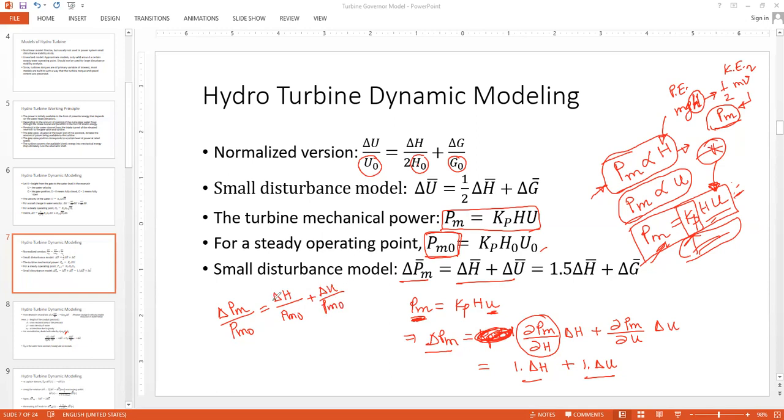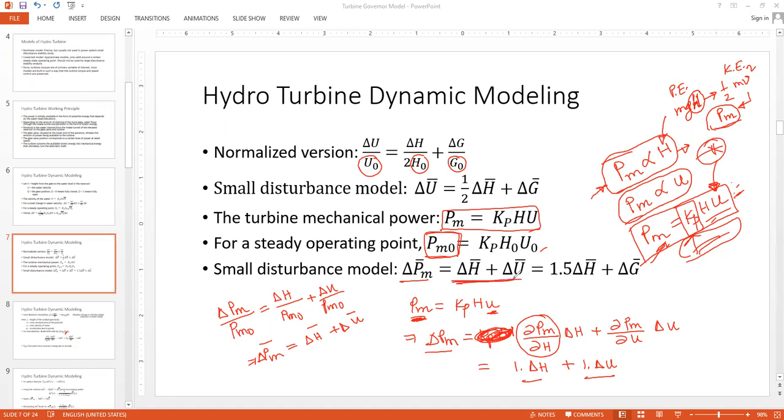You see there are no coefficients over there with del H and del U. So you can simply write del PM over PM0, which is del PM bar, equals del H bar plus del U bar. Okay, so once that is done, you have the small disturbance model for del PM in terms of del H and del U in the normalized version.